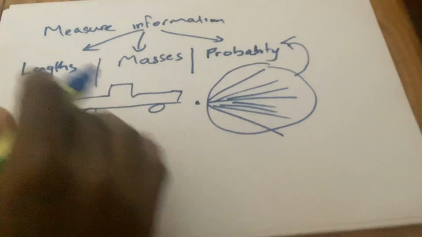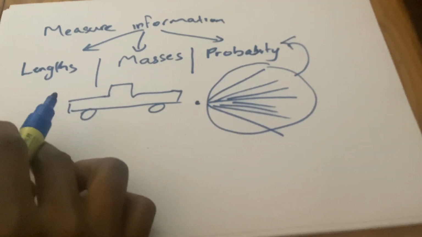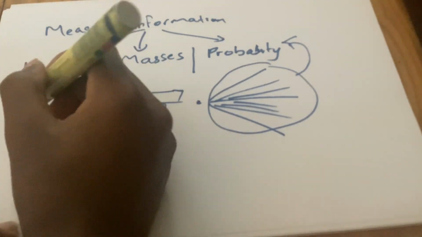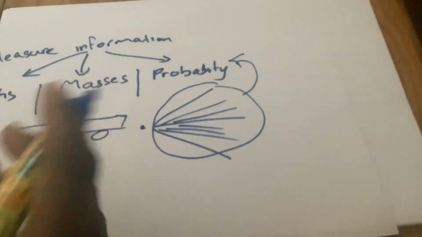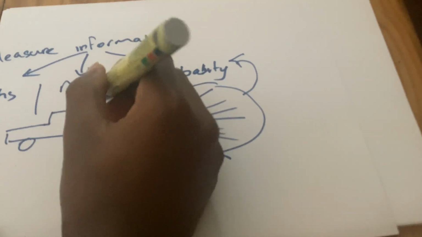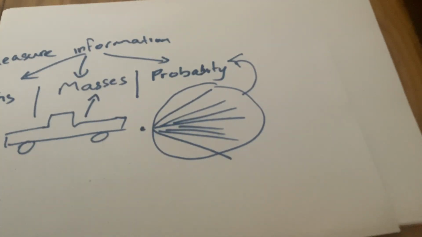In the same sense that all the lengths that we saw in our little street gave us the length space. In the same way that all the masses that we could calculate or that we could measure gives us the mass space. So the probability space consists of all outcomes of a random event and their probabilities, right?